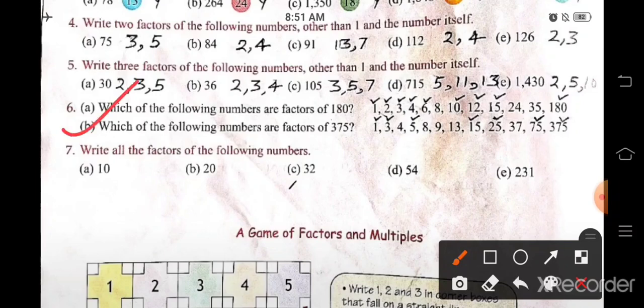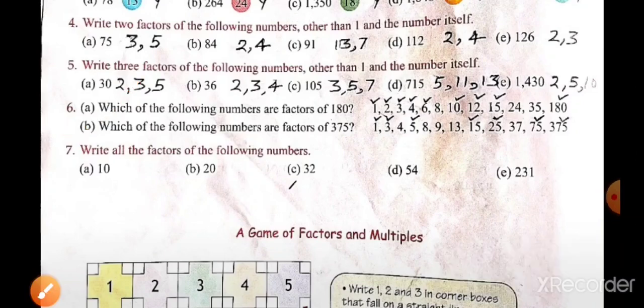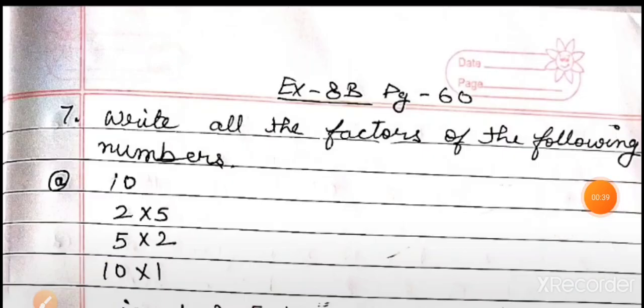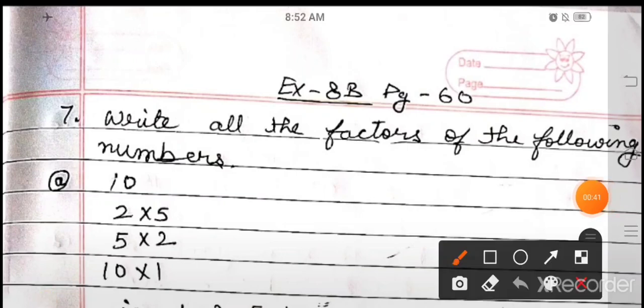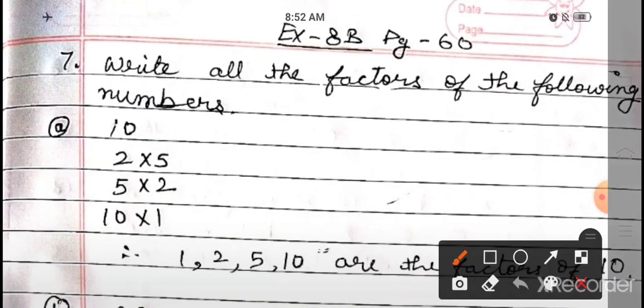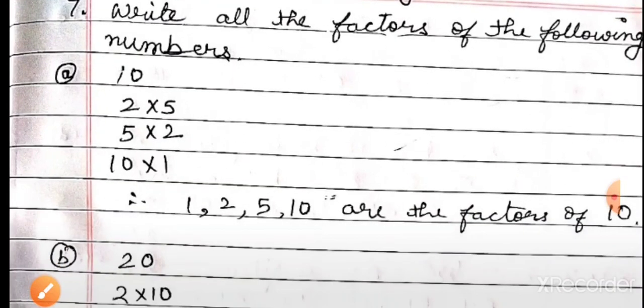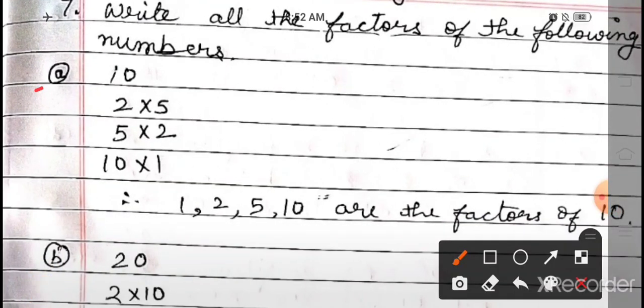Now question number 7, write all the factors of the following numbers. For it you have to take out your notebook. Write in your notebook exercise 8B, page number 60. Write all the factors of the following numbers. First is 10. 1 is always a factor of any number.